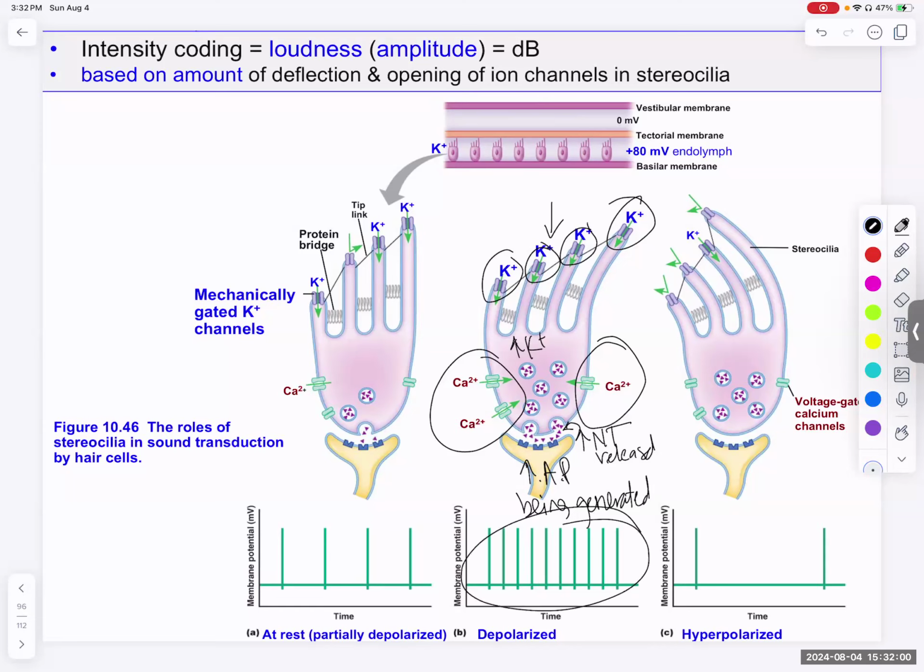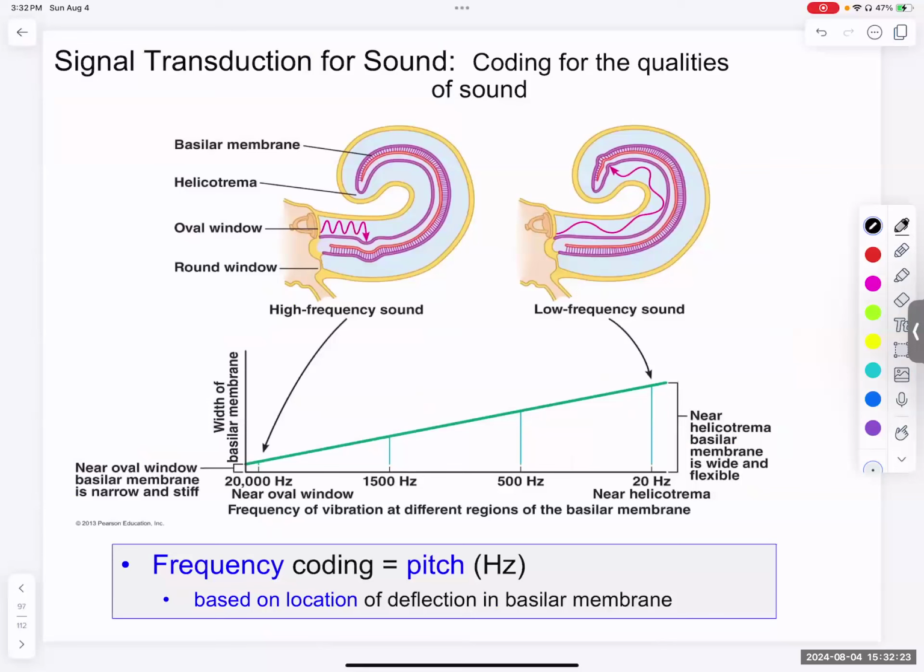And so more action potentials coming into our auditory cortex, we are going to know that it is a lot of energy and it's loud. So it's really based on the amount of deflection, how many of these mechanically gated potassium channels are open and for how long, and that results in how many action potentials generated, and that's how we perceive loudness.